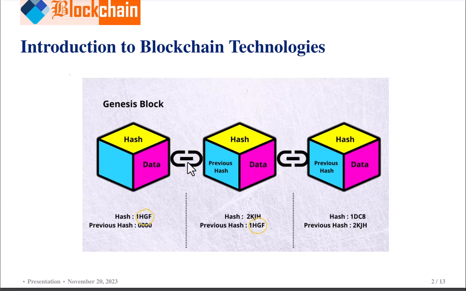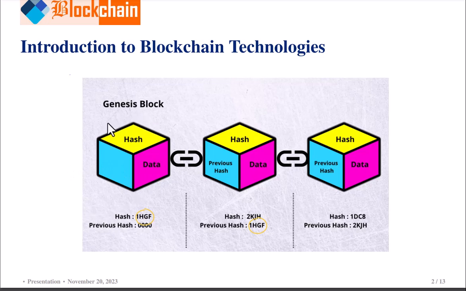How has this chain been created? Like here, the third block is connected to the second block. So how has this chain been created? Here you can see there is a hash, which is the current hash, the hash address of this block, and there is another hash which is known as the previous hash, which is the address of the previous block.